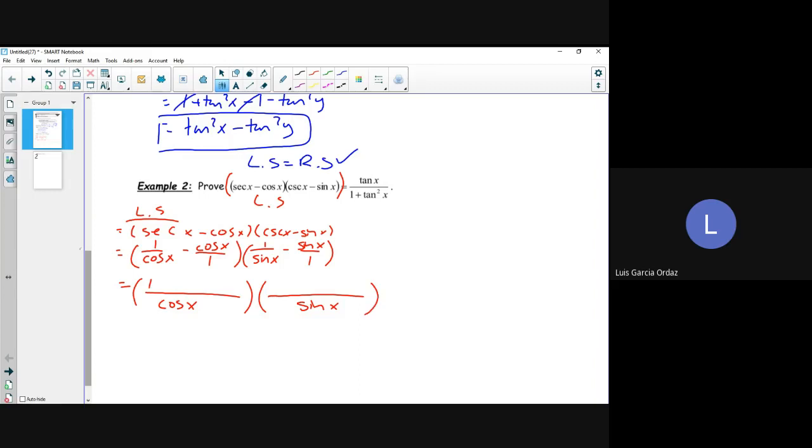So we get 1 times 1 minus cos x times cos x, and here we got 1 times 1 minus sine x times sine of x. So when we simplify, we get 1 minus cos squared x over cos of x times 1 minus sine squared x over sine of x.